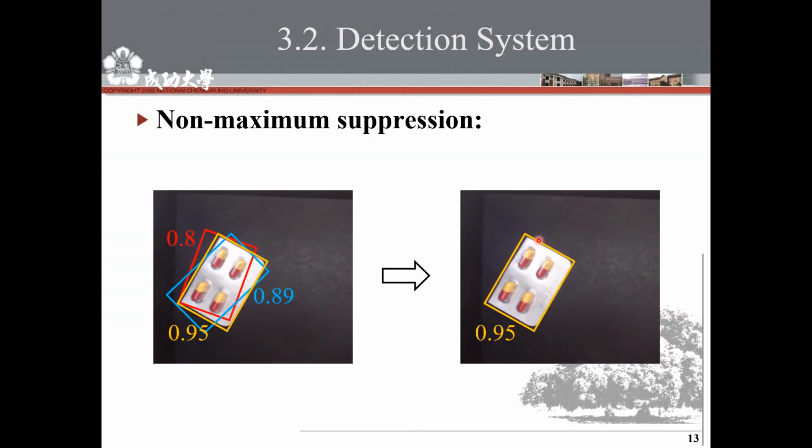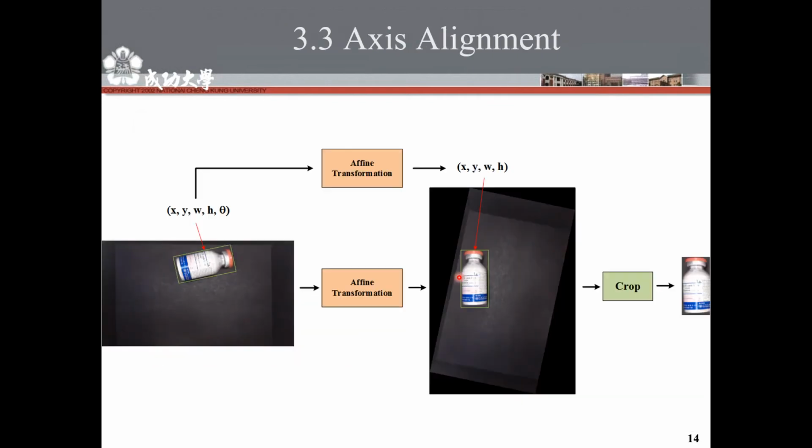And here is an example. We can see a medicine on the screen, and there are three prediction boxes: yellow, red, and blue. And the yellow one has the highest confidence.